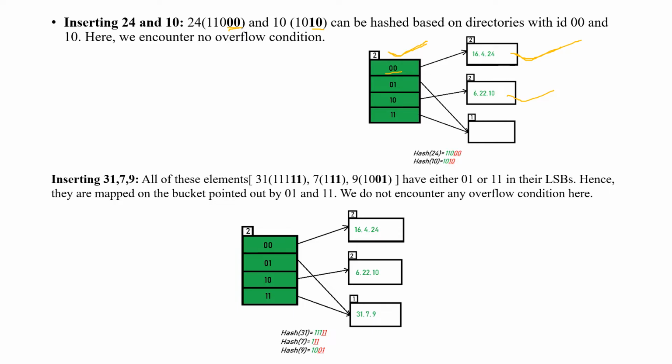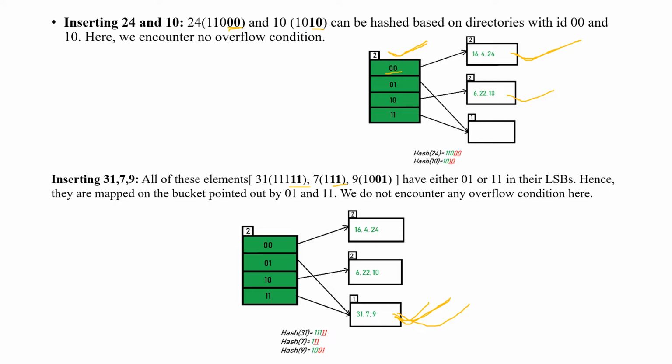I will check the 2 LSB bits of all three elements. The 2 LSB bits of 31 are 1 1, so 31 is going to be stored in the bucket where 1 1 is pointing. 7's 2 bits are also 1 1, so it is also stored there, and 9 is 0 1, so that is also stored here.